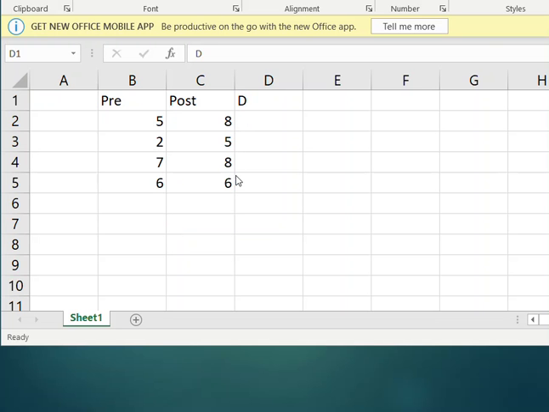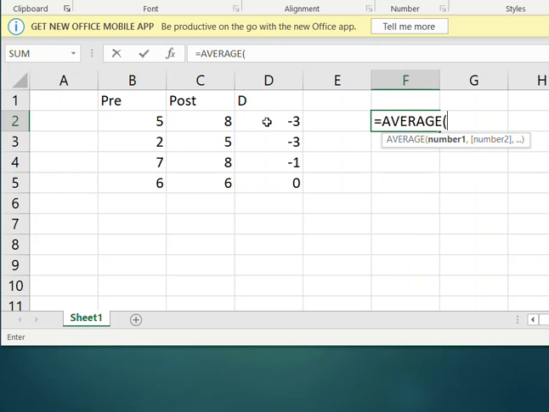And so as we just talked about in the paired t-test, we have to calculate a difference score. So this would be -3, -3, -1, and 0. From here, we need to calculate the average, which through Excel we can do very easily.